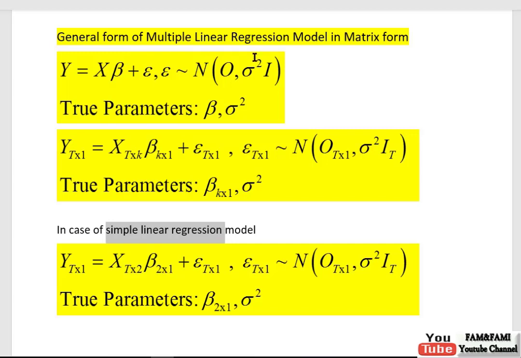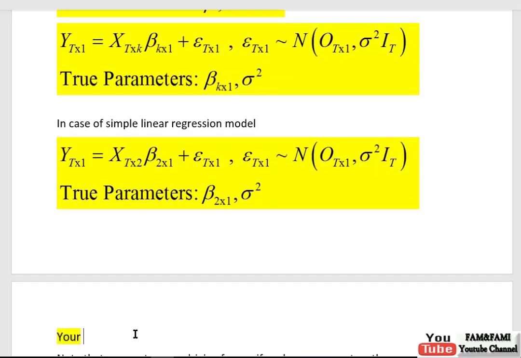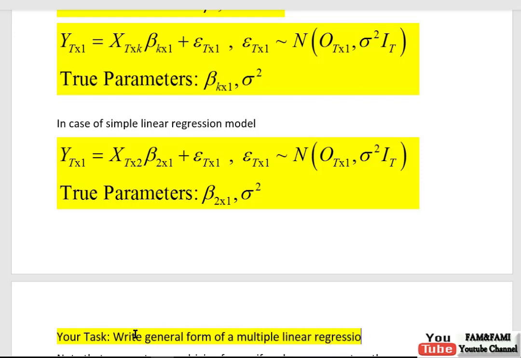Now one take home question for you people is that your task is to write the general form of a multiple linear regression model with 3 regressors.